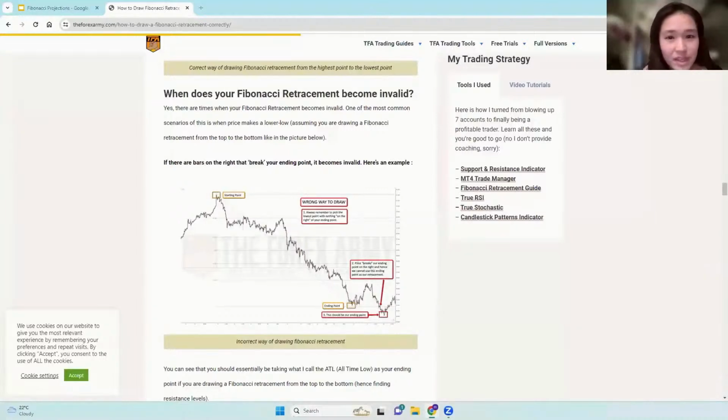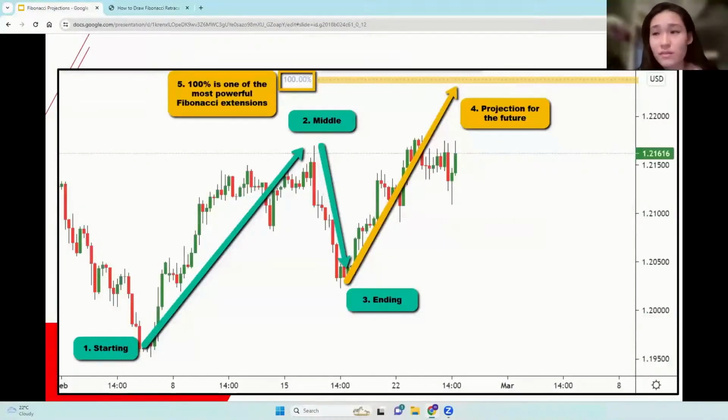Okay, so here's another example. We want to take note of this zigzag shape once again.